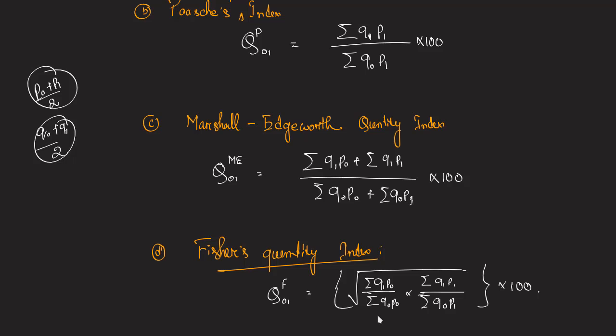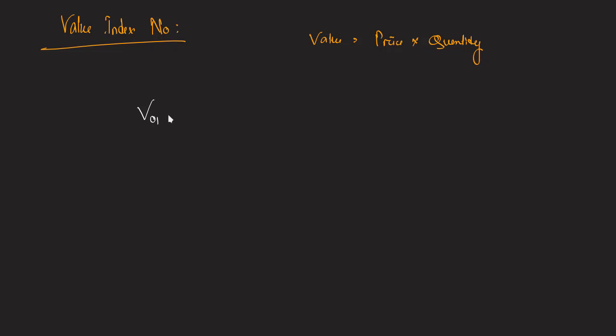And the last formula that is important is the value index number. So the last we will discuss is the value index number, right? I already said the value is equal to price into quantity. So the value index number V01 is given by summation P1 Q1 divided by summation P0 Q0 into 100.